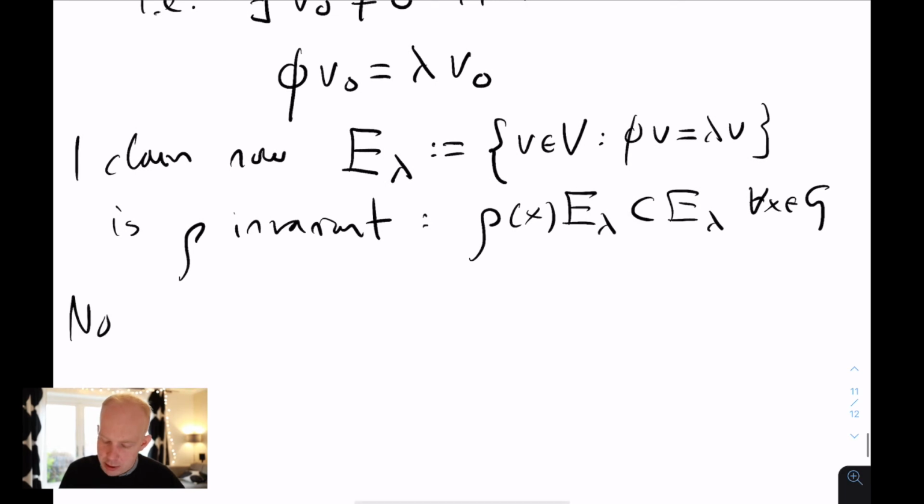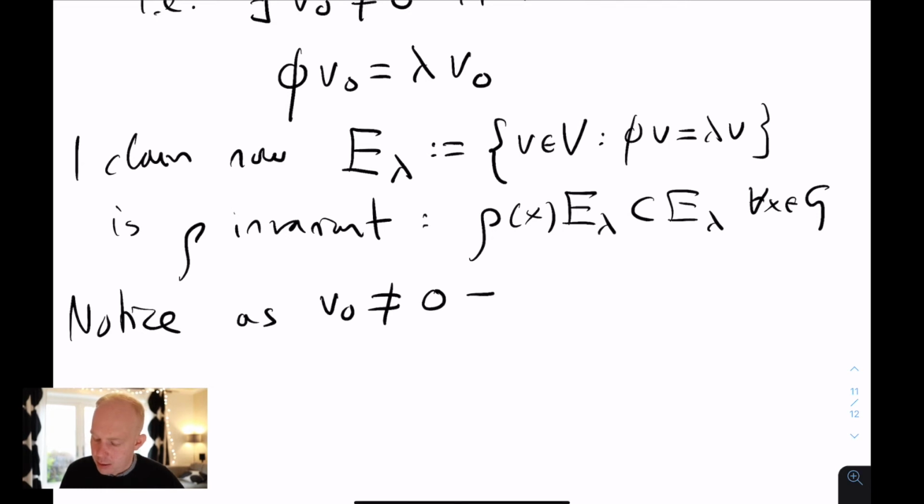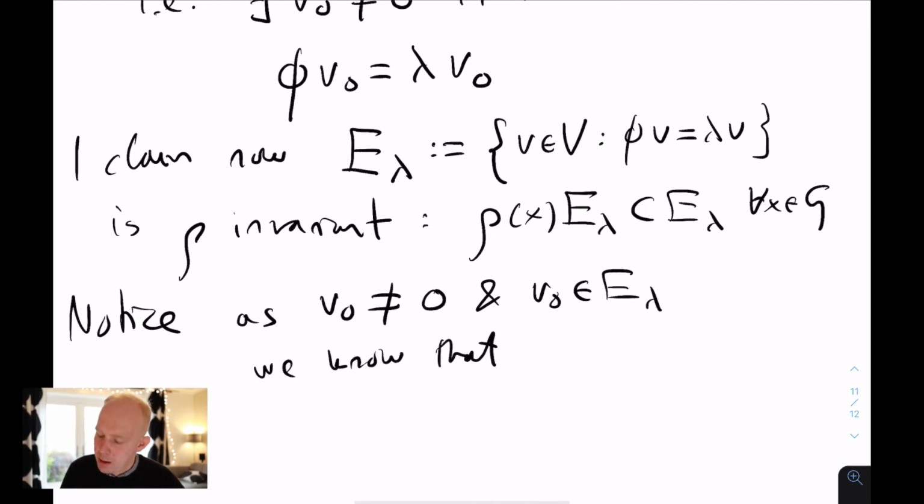So notice now that v0 is not equal to 0 and v0 belongs to E lambda, this implies in particular that E lambda cannot be equal to the trivial subspace.